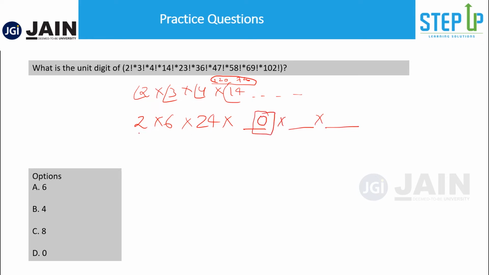If you multiply these numbers with other numbers whose last digit is 0, obviously the product would always have the last unit digit as 0. So here the answer was D. This was again a 5 to 10 second question, but just about common sense and knowing a few properties of factorials.